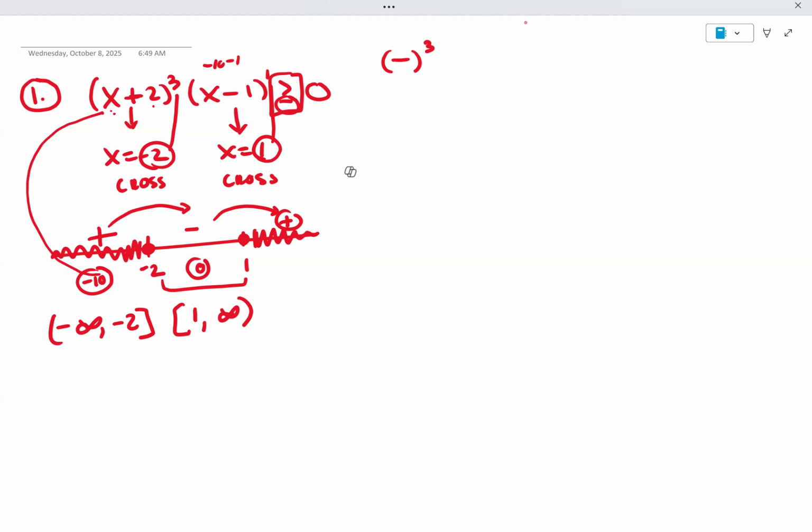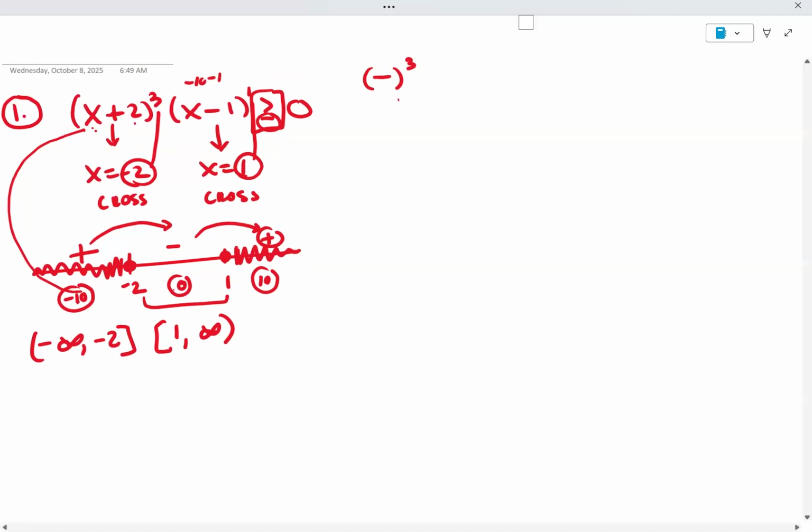And then you could have also picked 10 over here, substituted that in, and got a positive times a positive. You'd have gotten 12 cubed times 9, and that too is a positive, obviously. So you can either do it the long way by picking test points within these ranges, or you could do the shortcut.